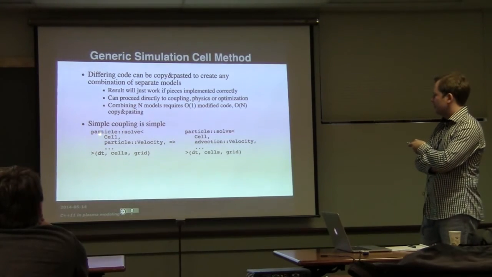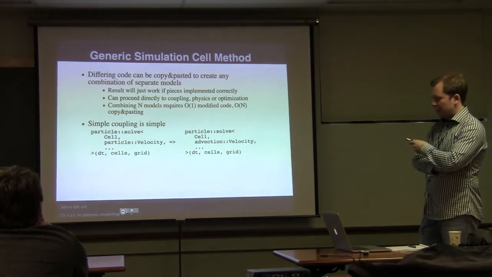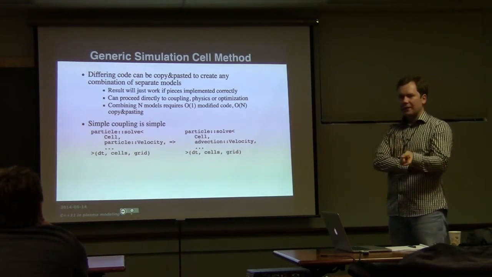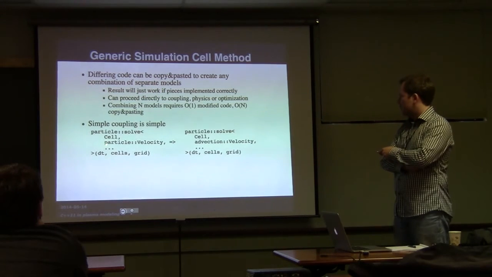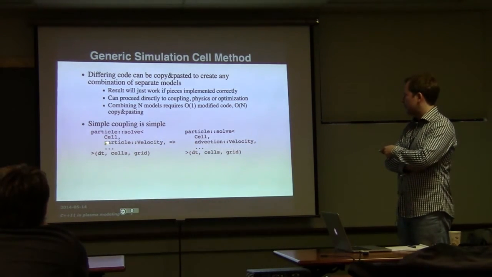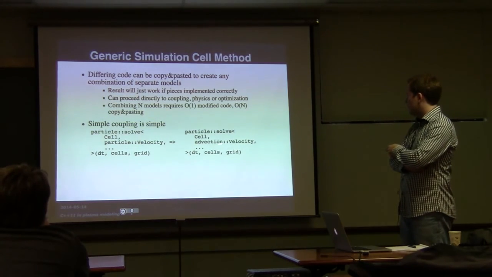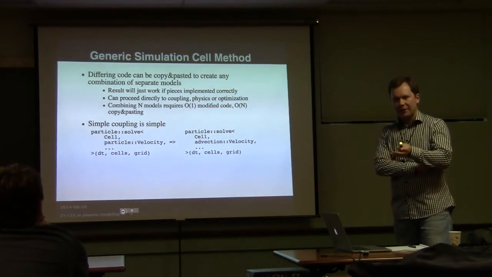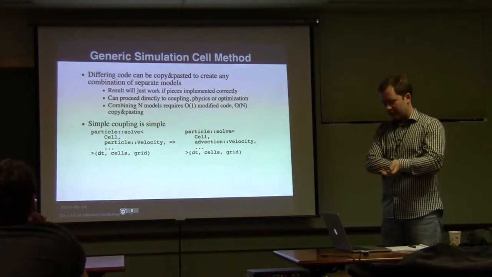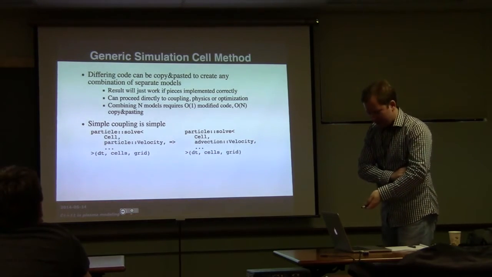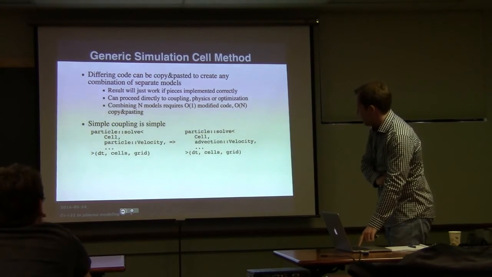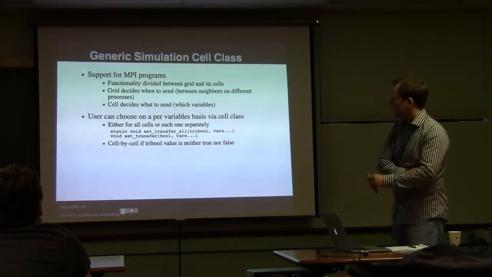So let's say I have a simulation which flies particles around in a volume based on some externally set velocity field. Here I say that usually I use this velocity, but if I want, I can just switch this line and then it will use some other model's velocity which has been calculated somewhere else. So in this simple case, it's simple to couple. Complex cases will require more code, but it's still probably easier than what has been available before.